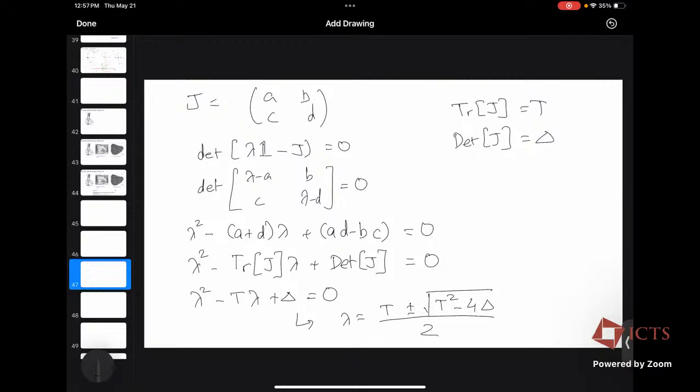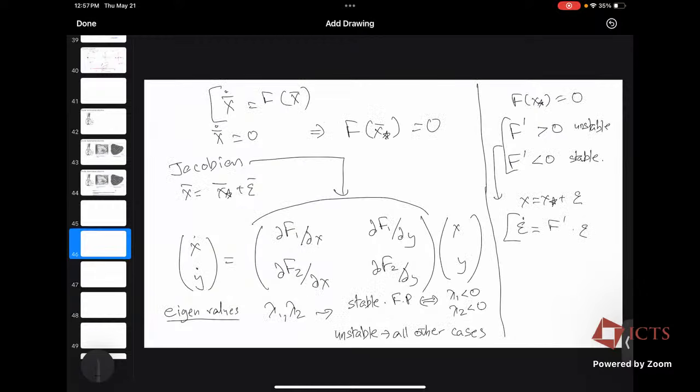One thing we should note here is that, because I have a square root, my eigenvalues can be imaginary, or complex. And so I then need to clarify what I mean by lambda 1 being less than 0 or lambda 2 being less than 0 for a complex number, right?